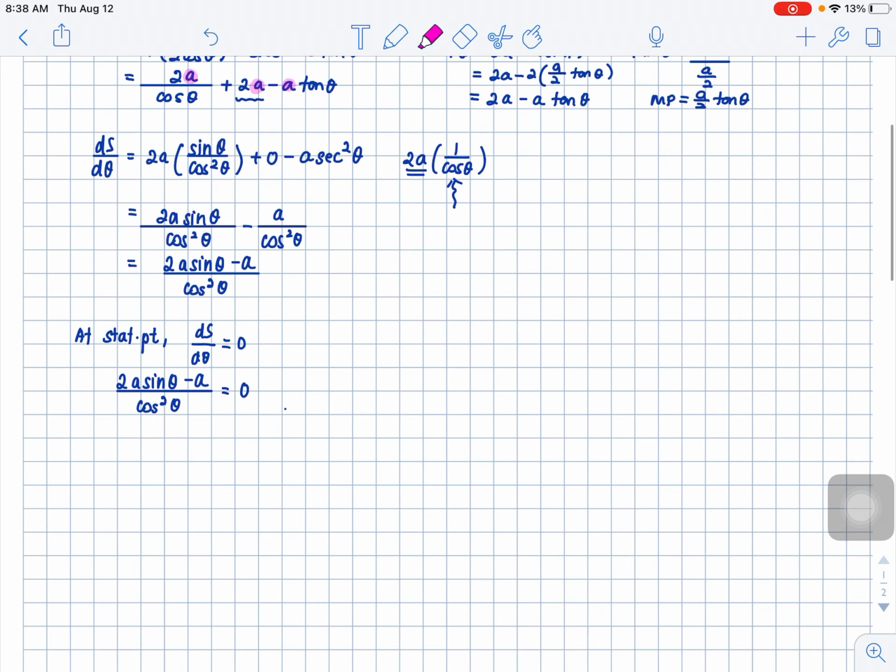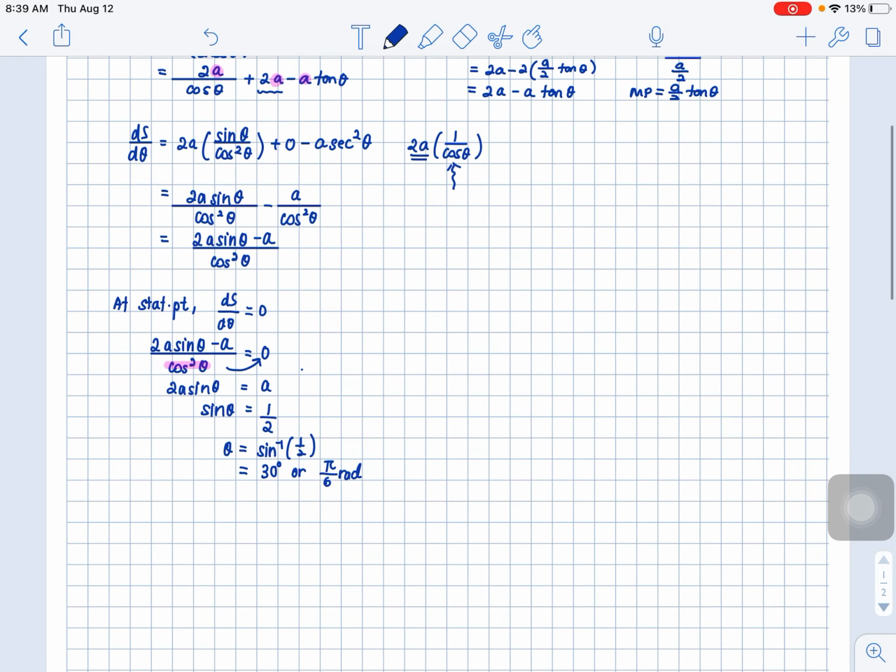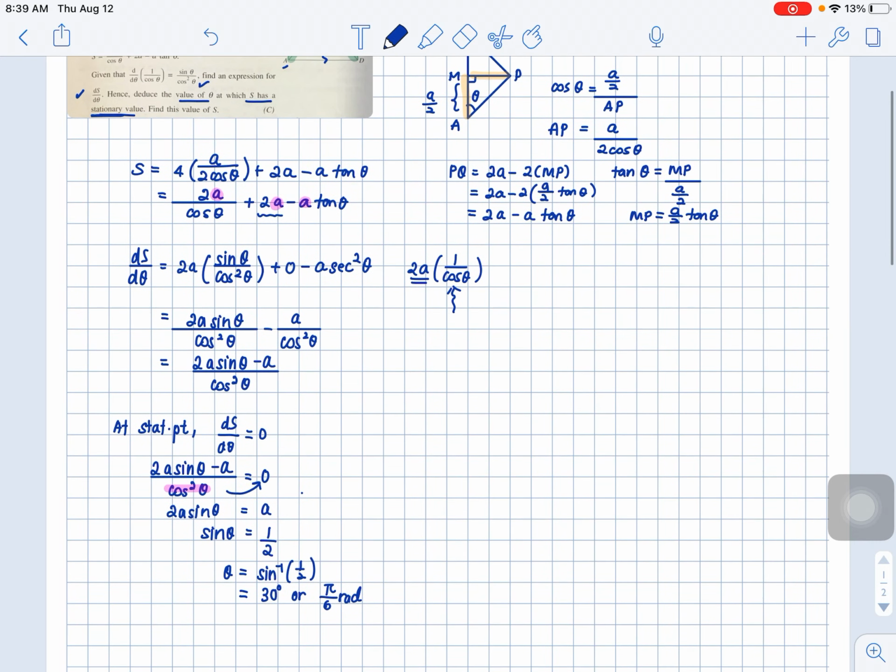Cos squared is a positive function, so I can just multiply with the 0. Okay, we got our theta value.